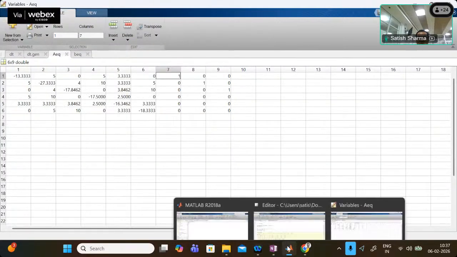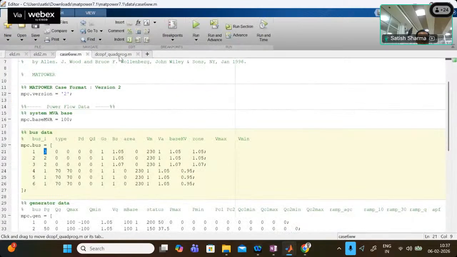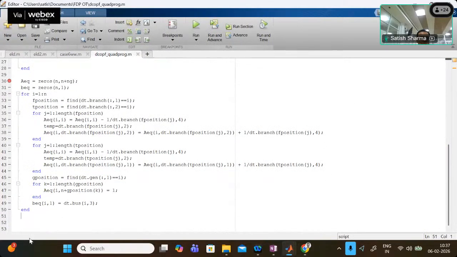To write a generalized code, I will keep the condition: reference bus number equals find the 3 in dt dot bus information, all the rows, second column. Whatever is in the second column, if it equals 3, it will give me the bus number data, and the respective entry in AEQ will become 1.